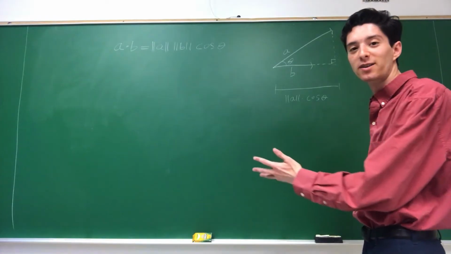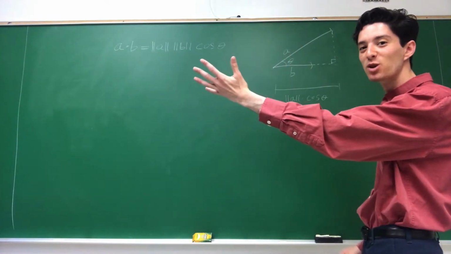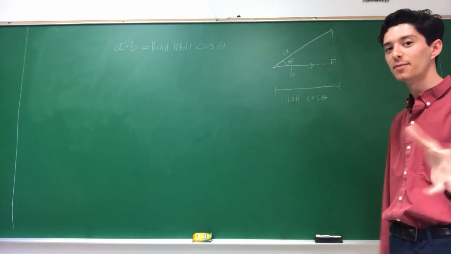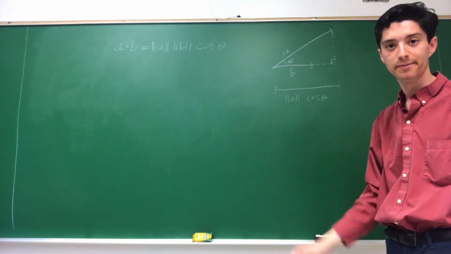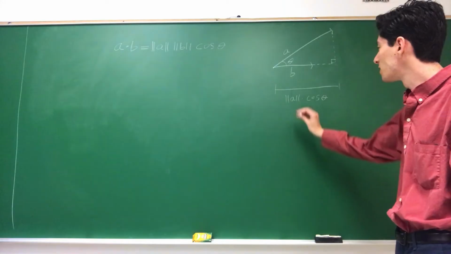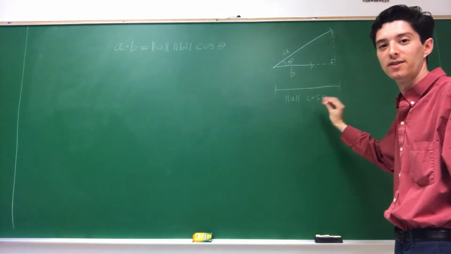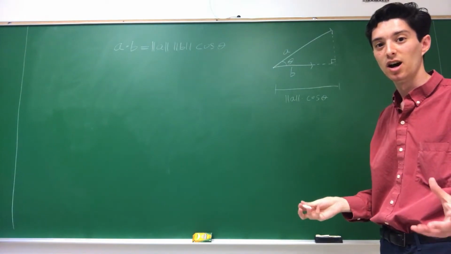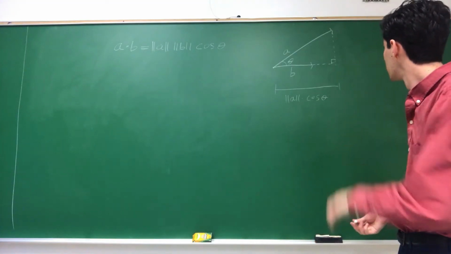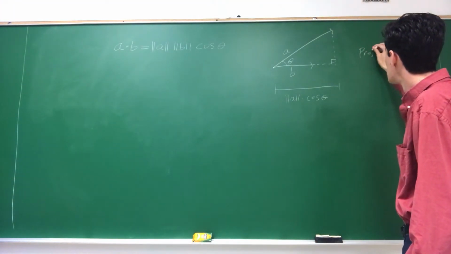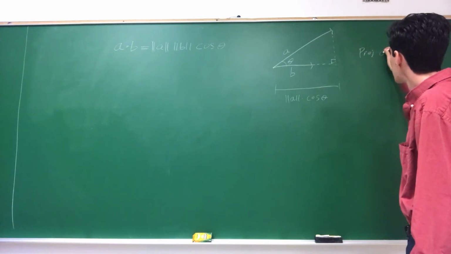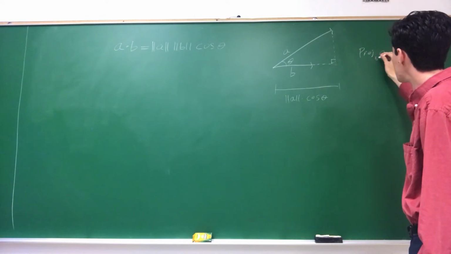So if we have 2 vectors, we can project one onto the other. Similarly, we can project B onto A using a similar method. The magnitude of A times cosine of theta is the magnitude of the projection, and we can call this the projection of the vector A onto the direction of B.